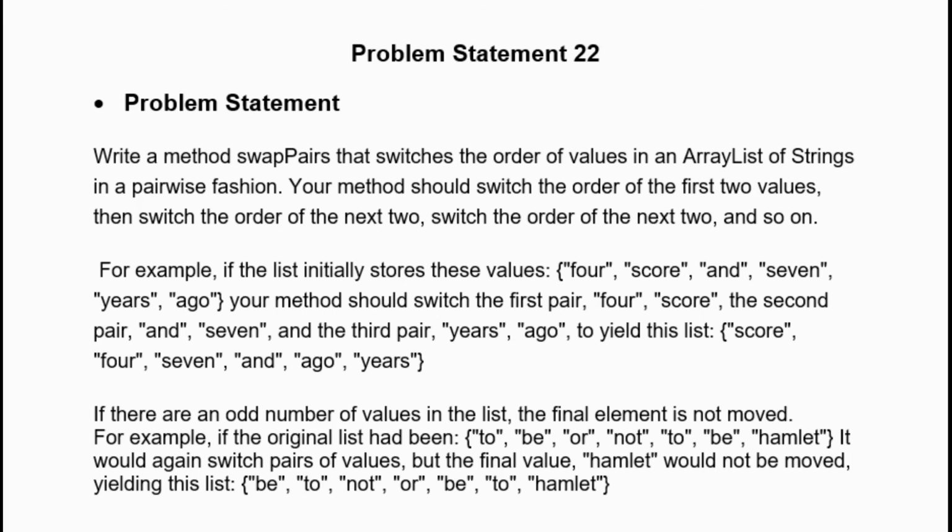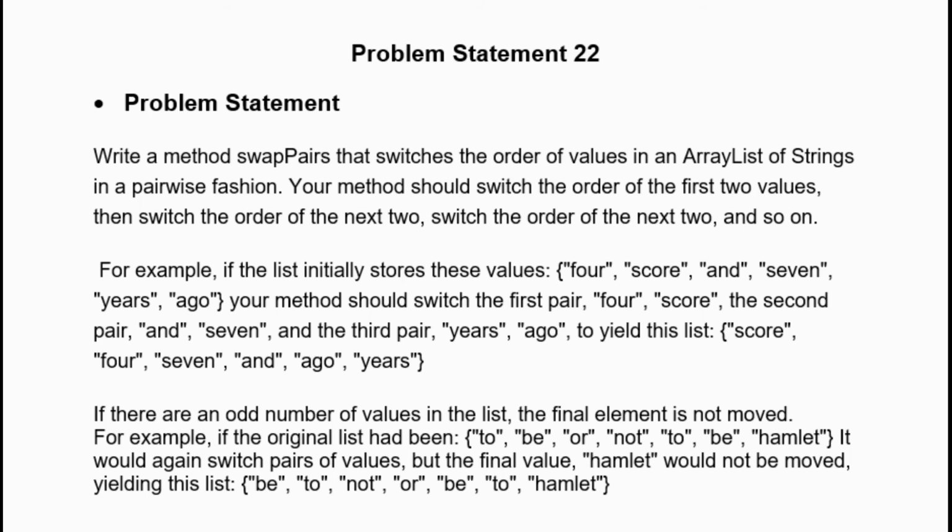For example, if the list initially stores the values 4, score, and 7, and also an element here, years ago, your method should switch the first pair 4 score, the second pair and 7, and then the third pair years ago, to yield score 4, 7 and ago years. If there are an odd number of values in the list, the final element is not moved.